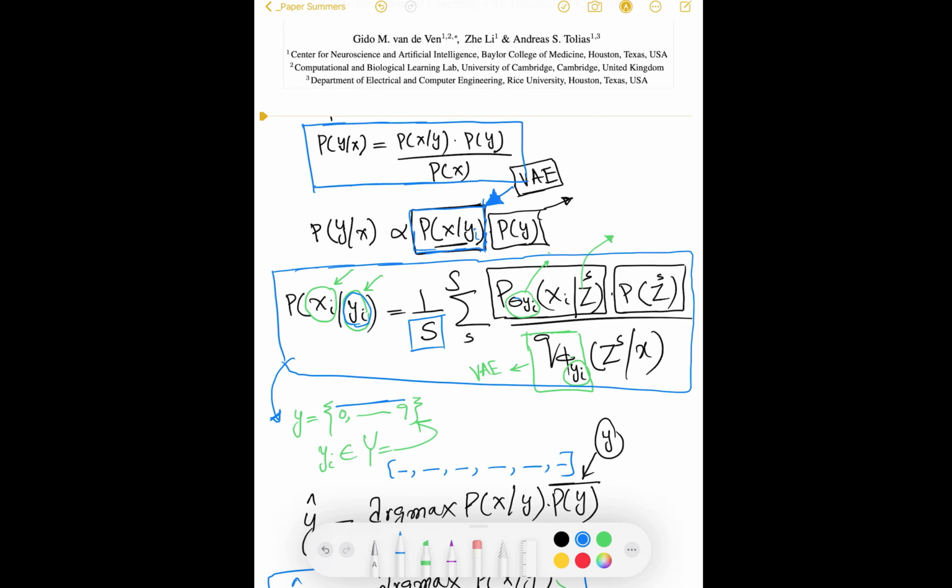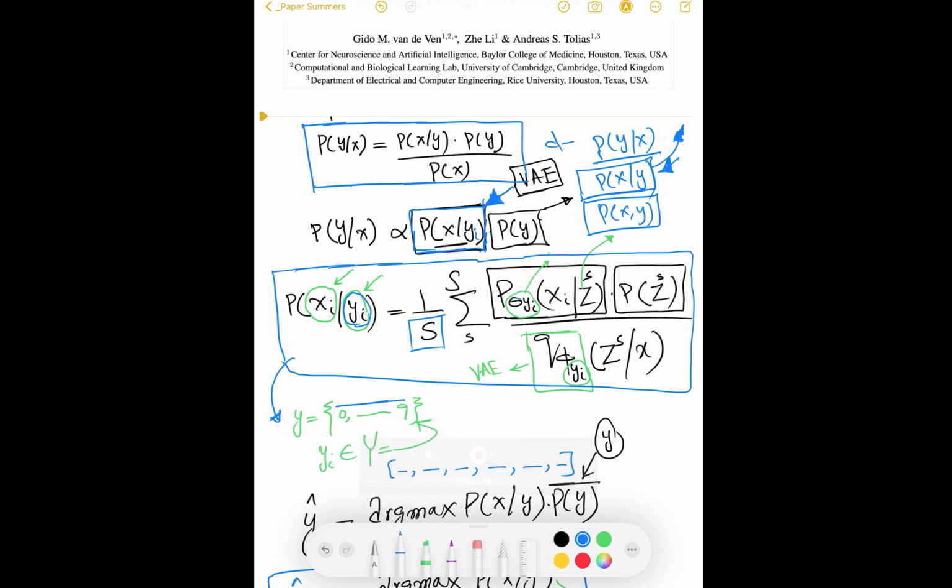Like instead of training the discriminative classifier, instead of learning this distribution P of y given x, they try to learn the P of x given y, which is kind of like a generative distribution, and they reformulate, they try to use the generative classifier to classify the incoming sample.